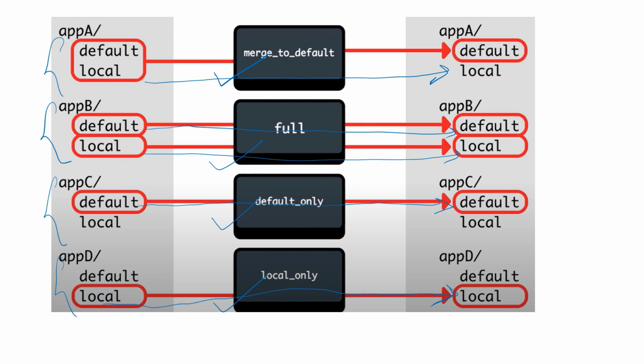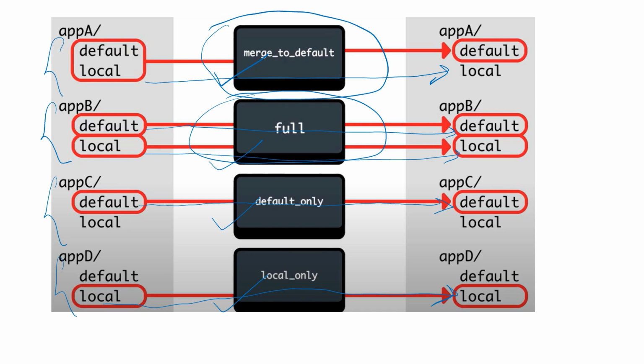Now, what are the major differences between these deployer push modes? If you have noticed, if you are using merge to default or full push mode, all the content of default and local is getting deployed to your search head cluster members, right?